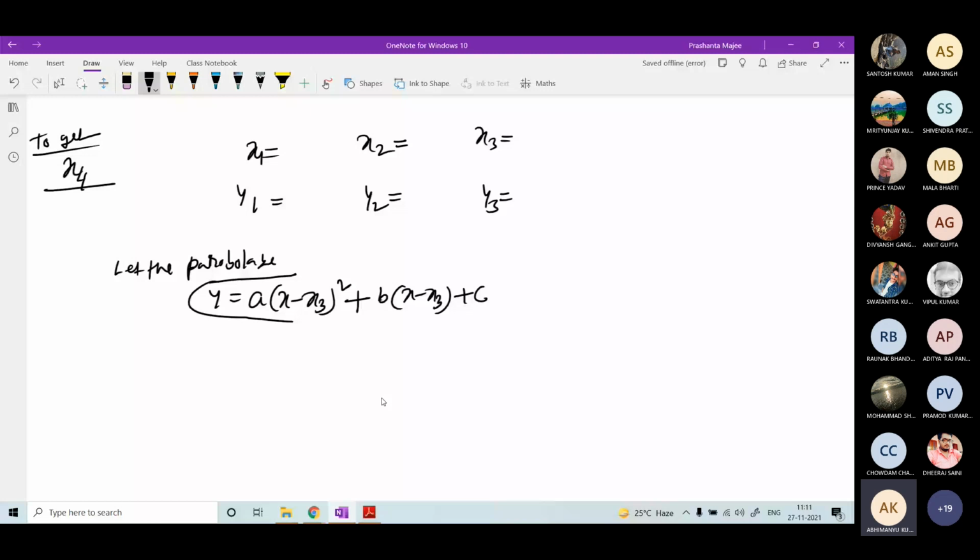X4 will be equals to x3 plus 2c by minus b plus minus root over b square minus 4ac. That formula. Did you get my point? Yes, sir. So this is how you will be applying Muller's method to find out the approximate root.